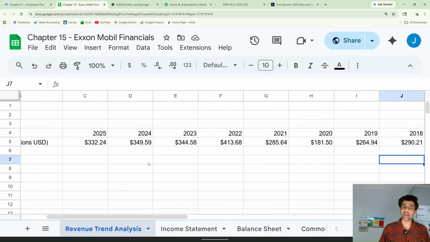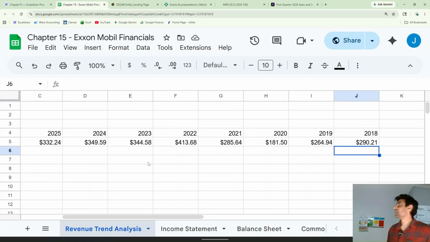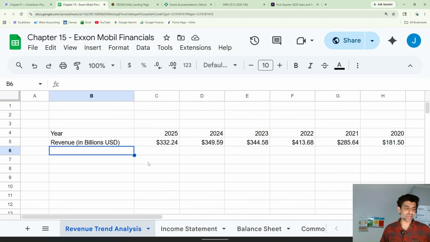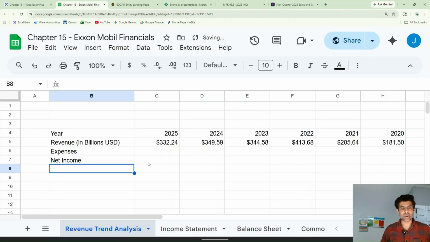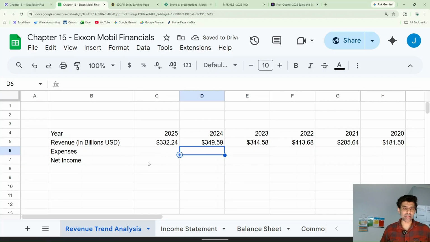And what I'm going to demonstrate here is this horizontal analysis. You can see here the years are arranged horizontally, and I'd have expenses here if I did the full thing, net income. Whatever. You have each year's information arranged in columns.